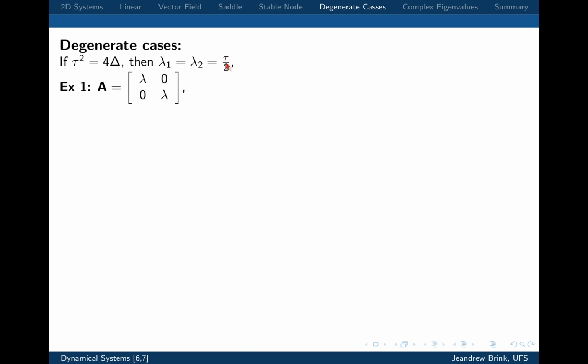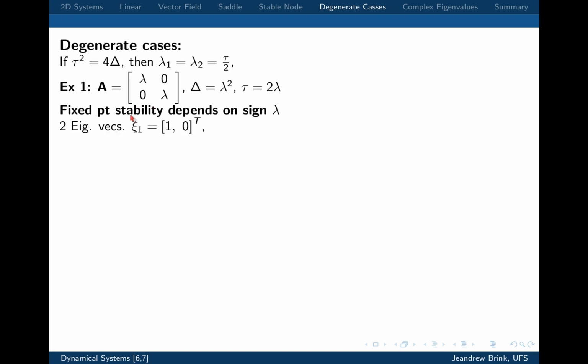So let's look at one example, and this is the classical example: if A is simply your eigenvalues on the diagonal, then both eigenvalues are the same and equal to lambda. Your determinant is lambda squared and your trace is 2 lambda. The stability of the fixed point depends on the sign of lambda.